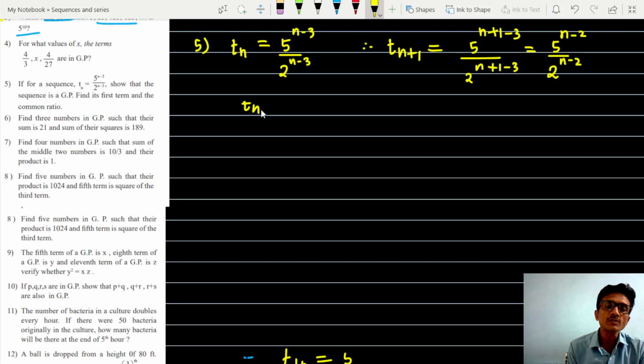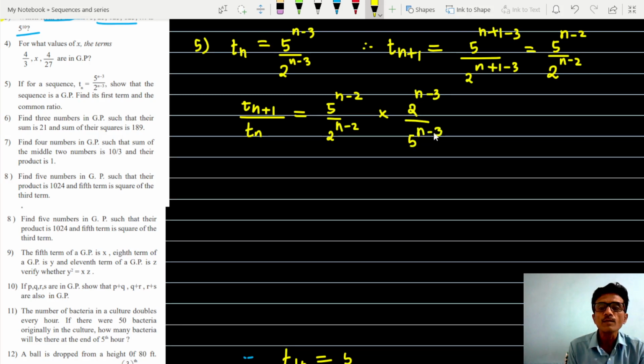Now you take the ratio Tn plus 1 divided by Tn. What will be this ratio? It is 5 raised to power n minus 2 upon 2 raised to power n minus 2, divided by, meaning multiplying by its reciprocal, 2 raised to power n minus 3 upon 5 raised to power what? n minus 3.